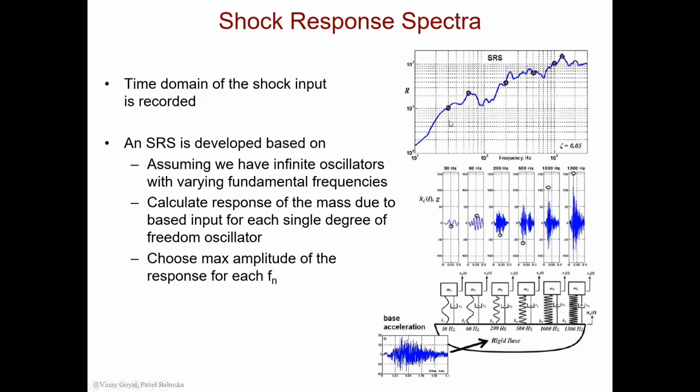But here, on purpose, we've plotted the maximum response at 30 hertz, at 60 hertz, at 200 hertz, at 500 hertz, at 1000 hertz, and 1013 hertz, which corresponds to the maximum response of these masses due to this base acceleration here at the base.